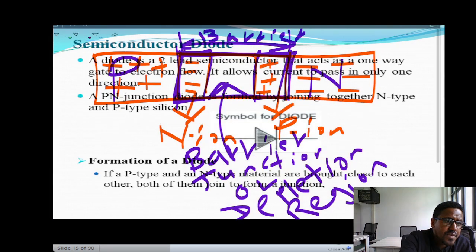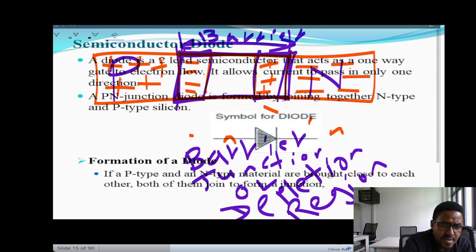There occurs a potential difference between both regions.